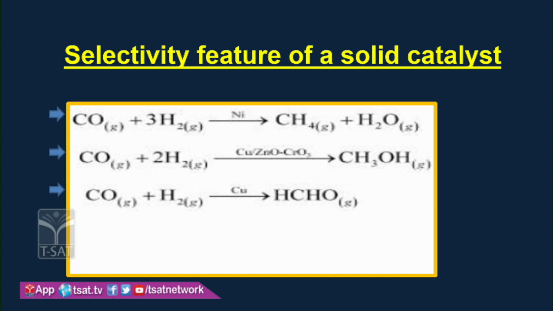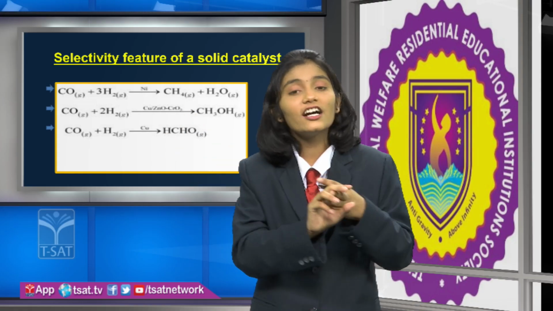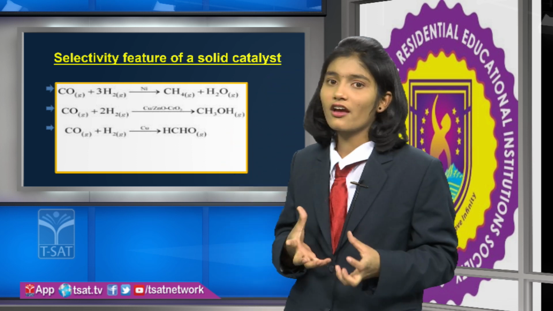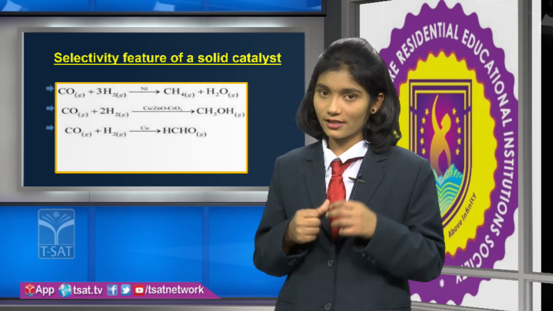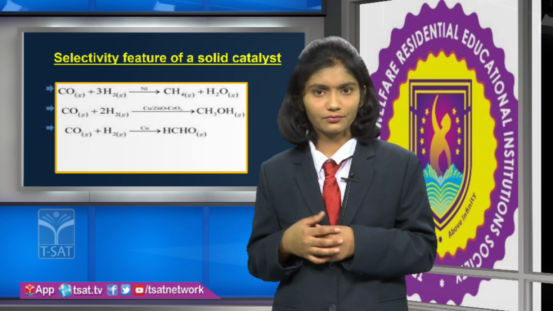In the second reaction, the same reactants, carbon monoxide and hydrogen, react in the presence of the catalyst copper and zinc oxide to give methyl alcohol, right? And in the third reaction, the same reactants react in the presence of the catalyst copper to give formaldehyde.